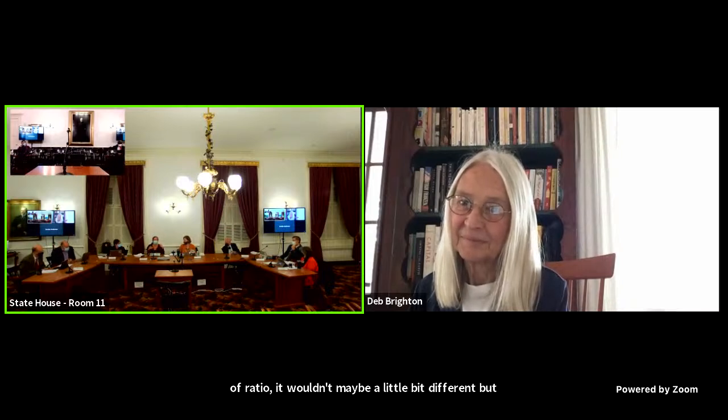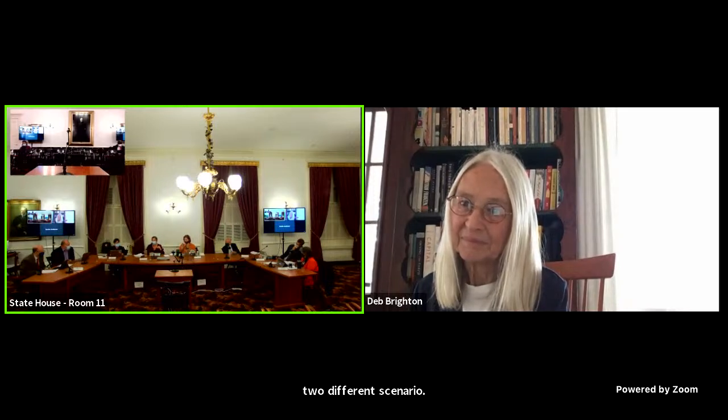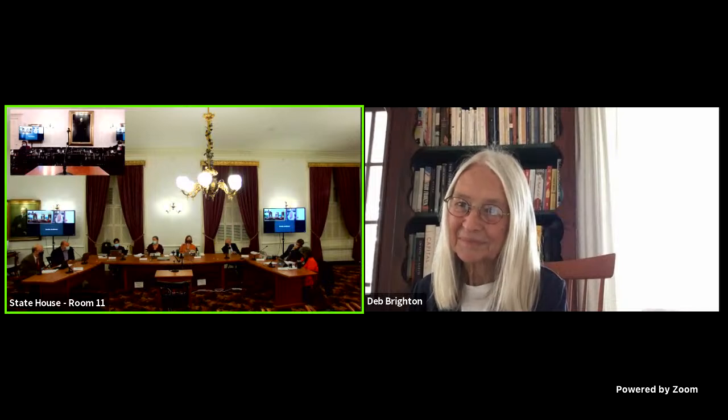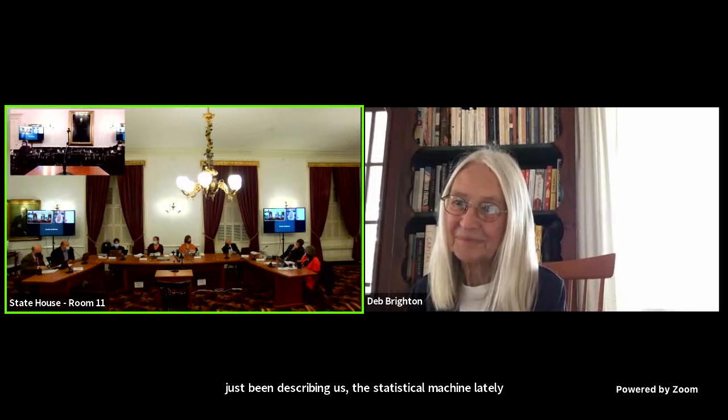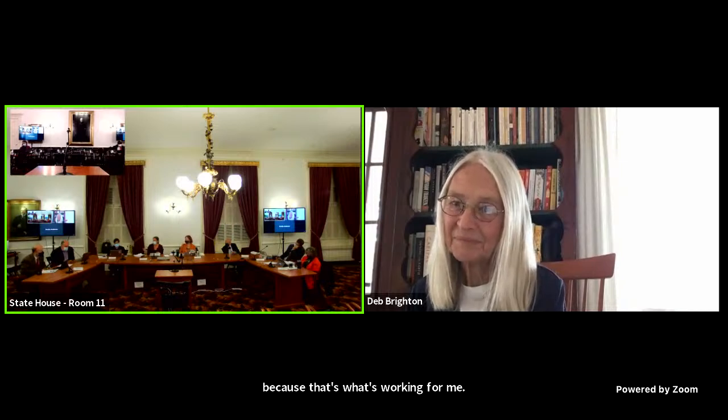So there's a mathematical policy choice built into those two different scenarios. In the study, they have cost equivalents that came out of what I've just been describing as the statistical machine lately, because that's what's working for me. Then the cost value came out, and they turned those into weights, right?